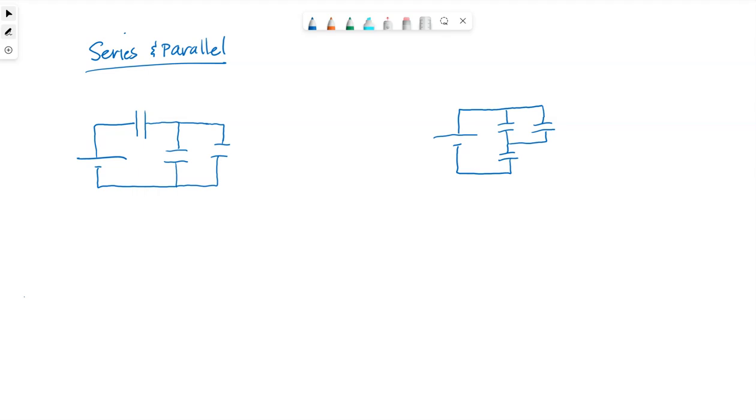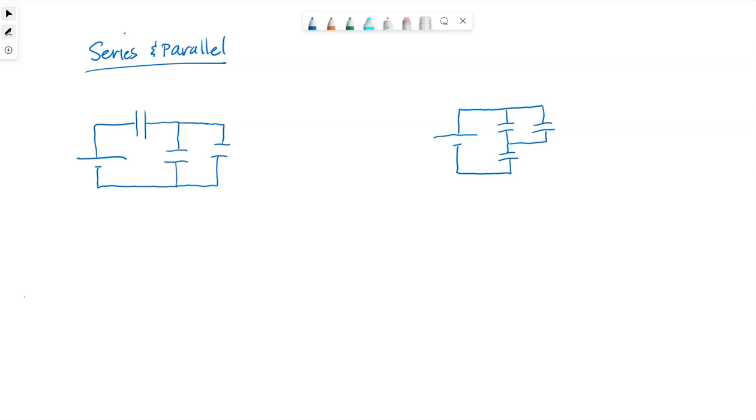So we've been talking about connecting capacitors in series and then in parallel, but it is not uncommon to have some sort of both, a combination of series and parallel in the circuit.